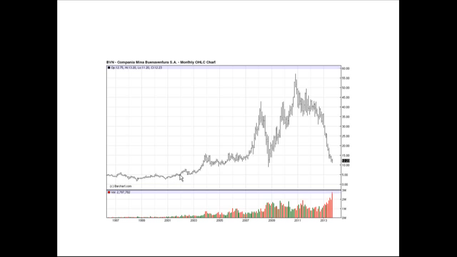This is the markup where my mouse is, and then the distribution and the markdown, and then you have the accumulation phase, the markup phase, where my mouse is, the distribution phase, and then the markdown, then the accumulation phase, then the markup, distribution, and a little bit of a markdown.